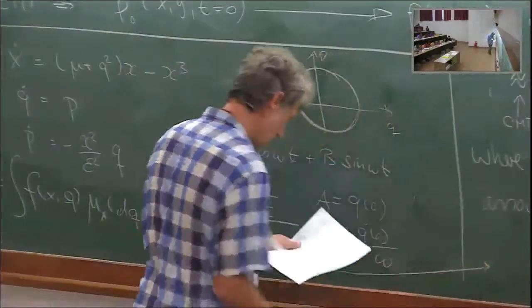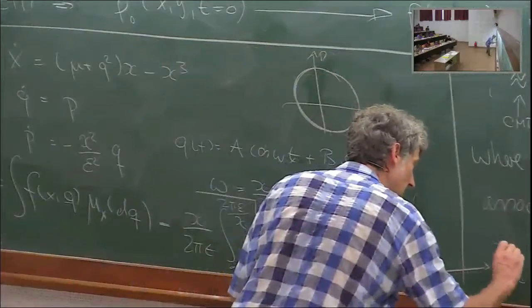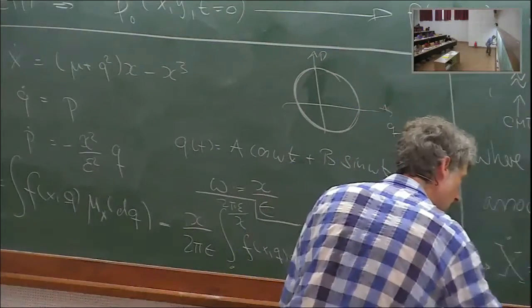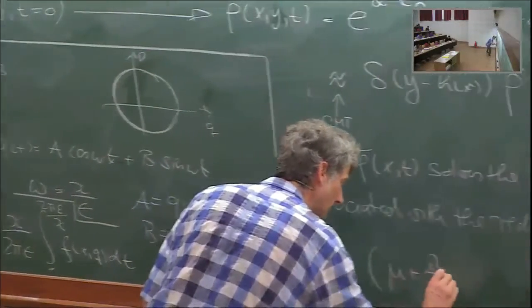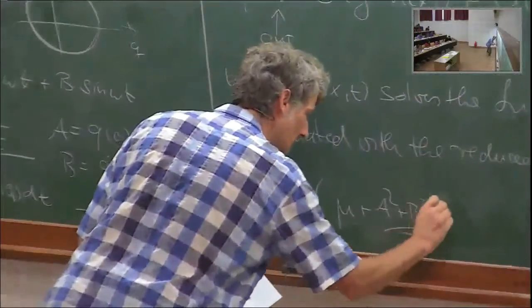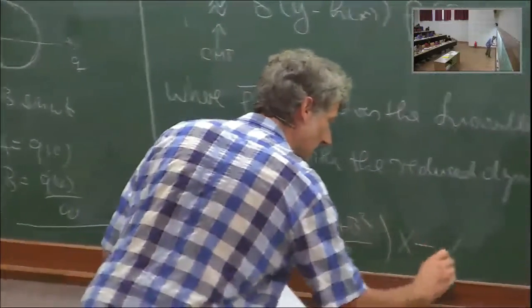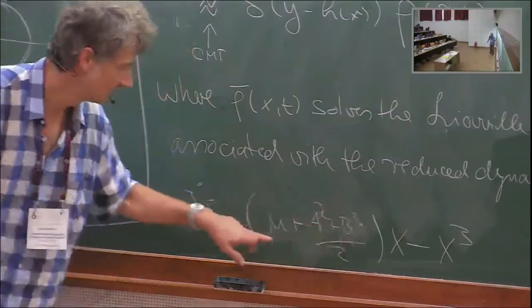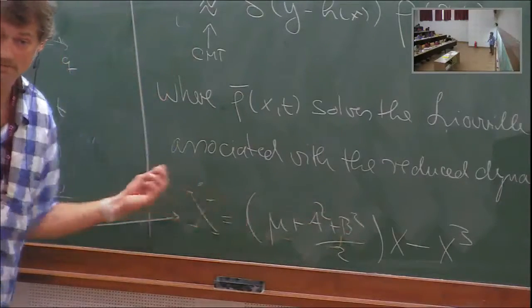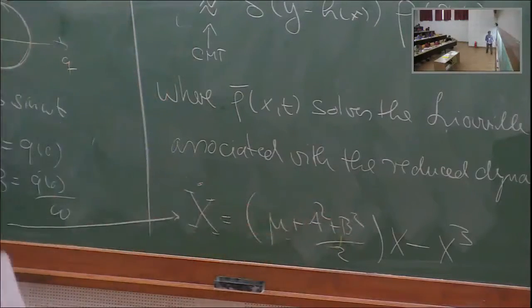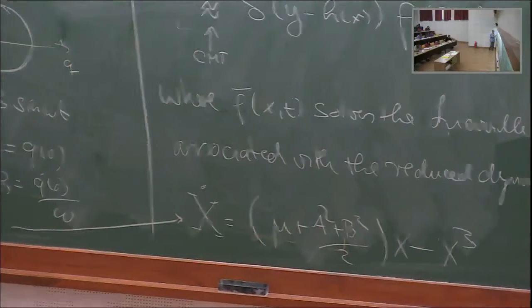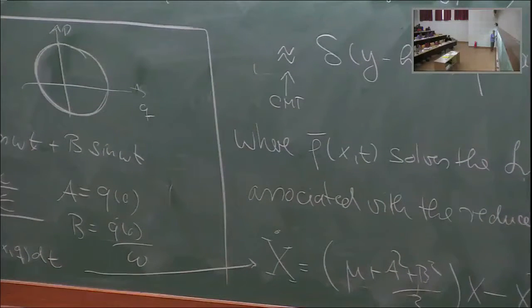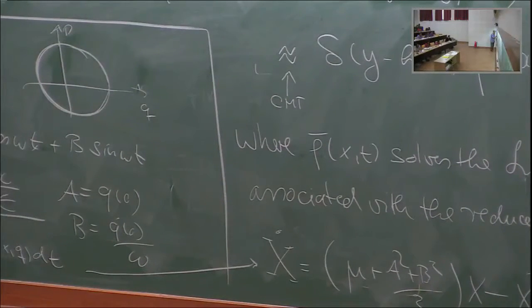So we're going to get that x dot is mu plus a squared plus b squared over 2 times x minus x cubed. So the effect of the fast variables here is to shift this parameter mu. We already discussed a system like this that had fixed points 0, minus 1, and plus 1, or whatever.